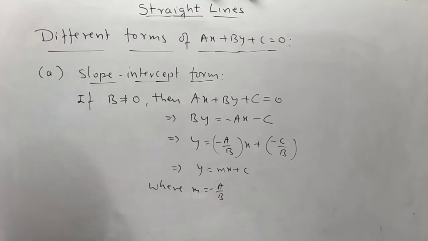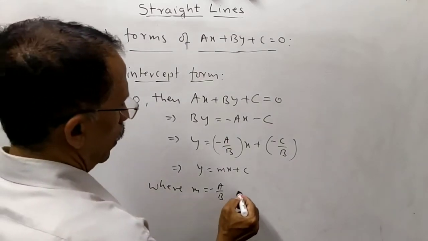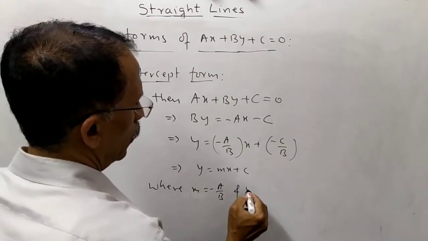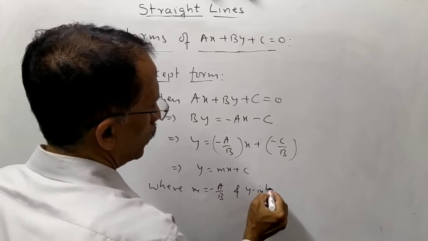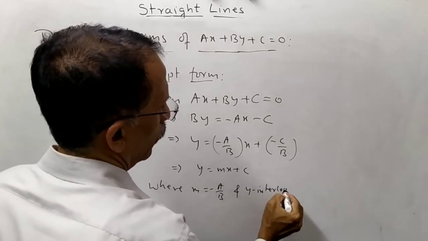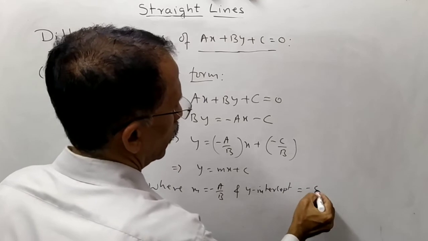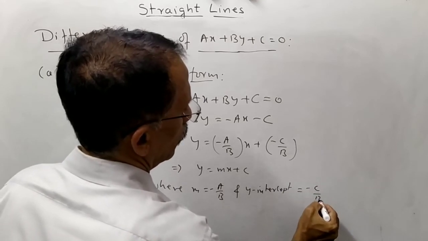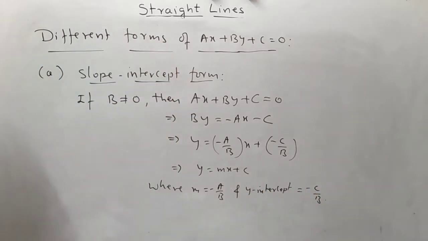What is this? Slope of a line. And y-intercept is equal to minus c by b.